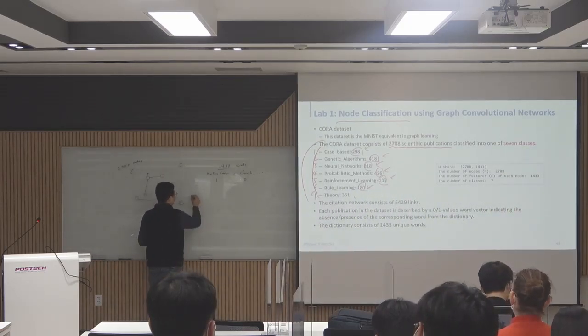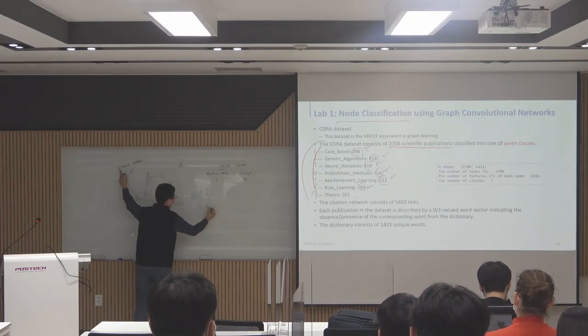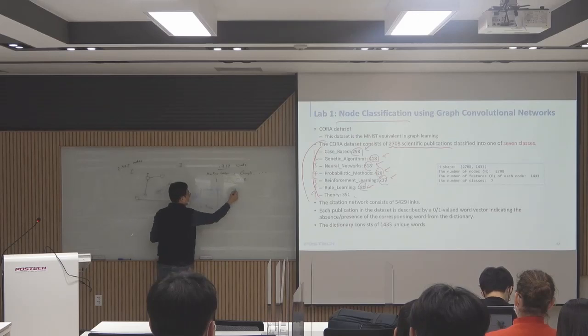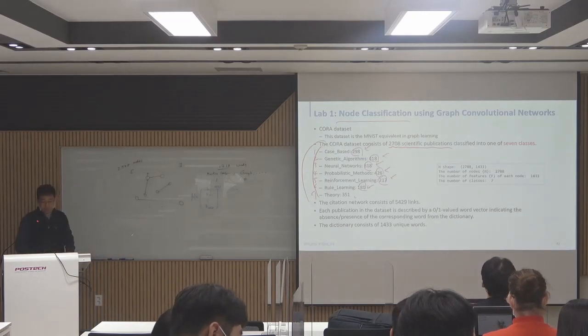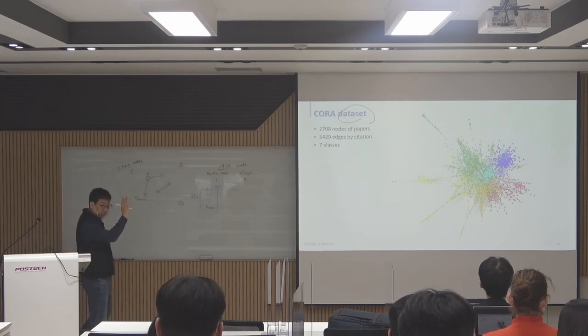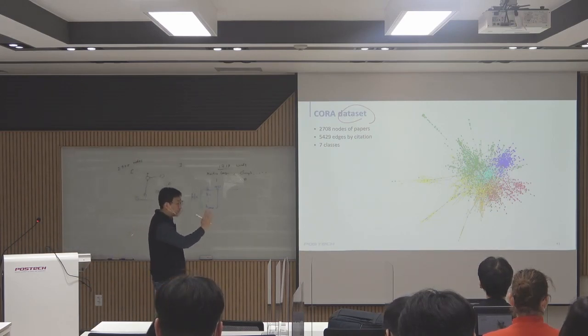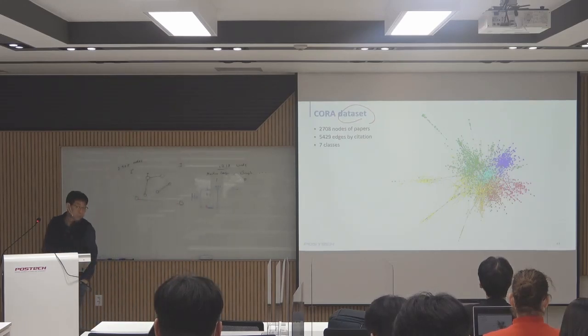The H matrix is H of 1, H of 2, and so on, and that's the size of the H matrix. If you plot it for the training data set, we use 7 different colors to represent the classes, and that's the connectivity, the connected graph.